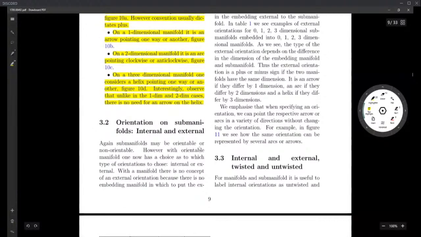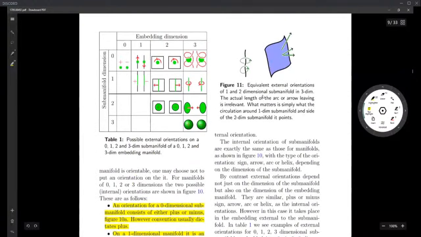Now, this is where it gets slightly interesting, because, like I said earlier, within a manifold, you have a submanifold. Since submanifolds are just embedded manifolds, they can be orientable or non-orientable. With orientable manifolds, you notice that there are internal and external orientations. For an internal orientation, it's pretty much the same as the orientation for a manifold.